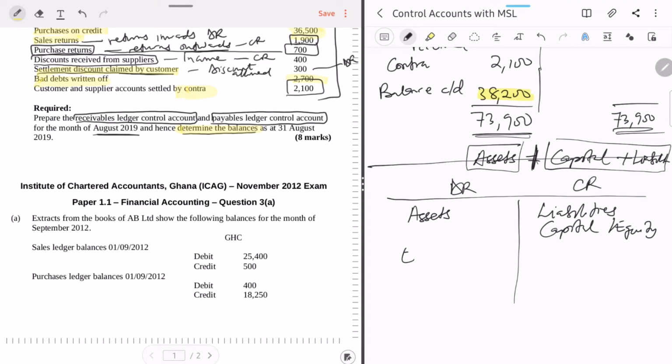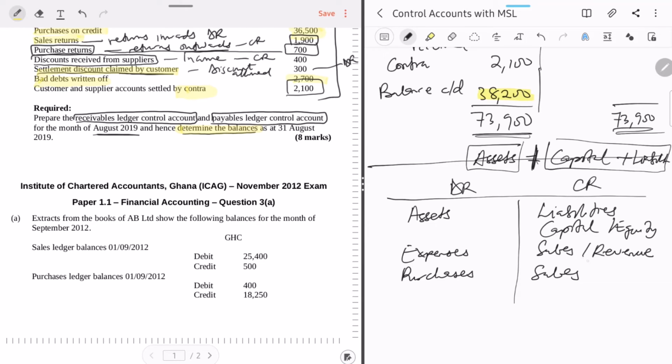Based on this, I know all expenses have a debit balance. All sales or revenue will have a credit balance. All purchases have a debit balance. All sales have a credit balance.